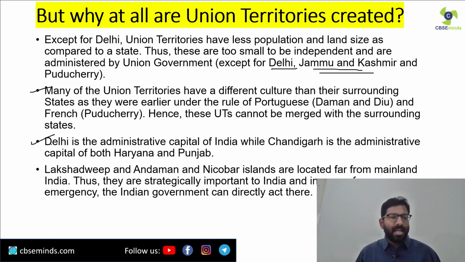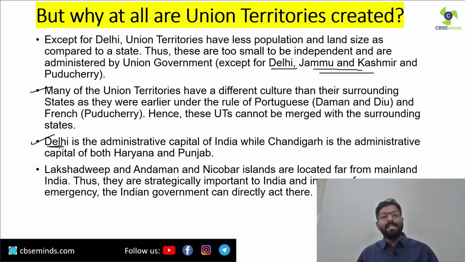Next point, talking about Delhi. Now, Delhi is a very special case because Delhi is the capital of India, and we all know that in Delhi we have all the important offices of India, the residences of so many important people. Clear? Apart from that, Delhi also houses the embassies of so many countries. So because of these reasons, Delhi could not be made a complete state.